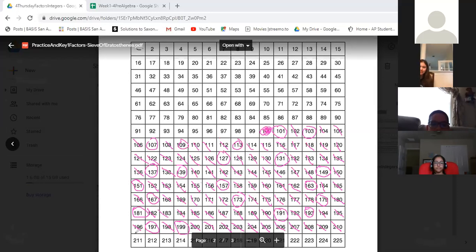No, it can't. 212 can be crossed out. 213 can be crossed out. 214 can be crossed out. 215 can be crossed out. 216 can be crossed out. 217 can be crossed out. 218 can be crossed out.